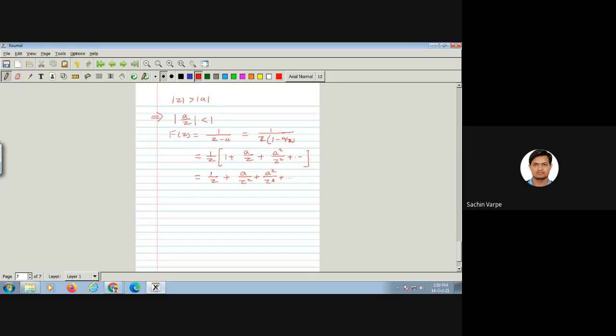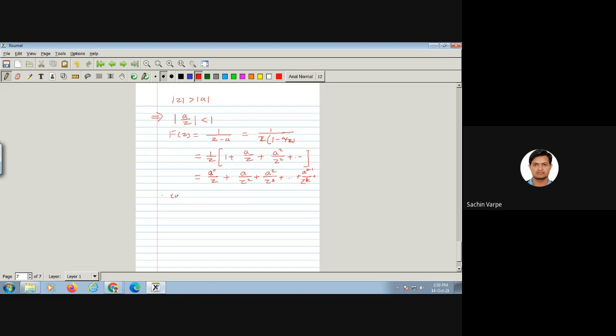This is a raised to 0, right? A raised to 0 upon z raised to 1. तो z raised to 1 है, z raised to 2 है, z raised to 3 है, तो z raised to k का क्या होगा? a raised to k minus 1 plus and so on. Am I right? So what is the coefficient of z raised to minus k here?